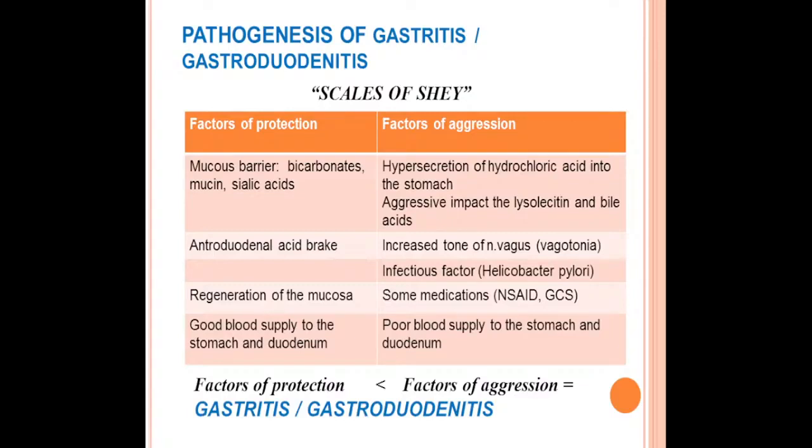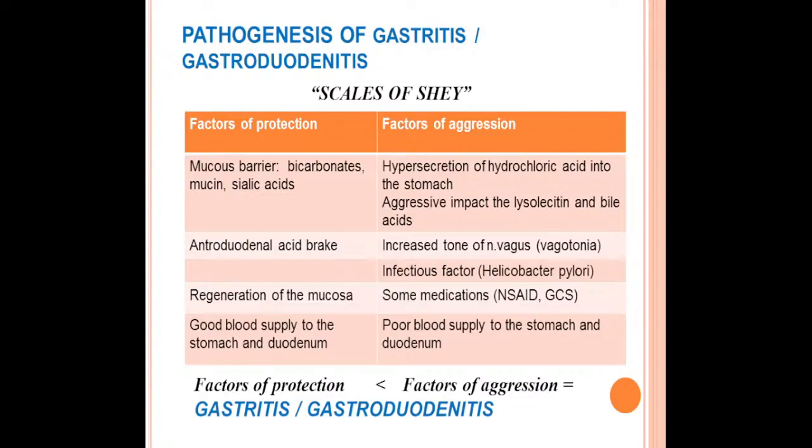Our regeneration features of the mucosa of the stomach and duodenum mean very good regeneration. If in a patient these factors decrease, it may provoke development of gastritis or gastroduodenitis. And very important is good blood supply to the stomach and duodenum.